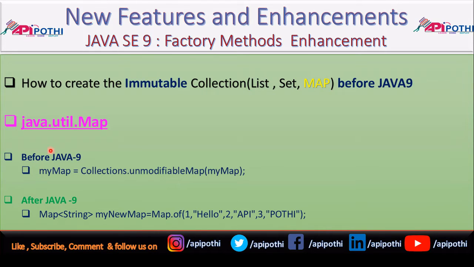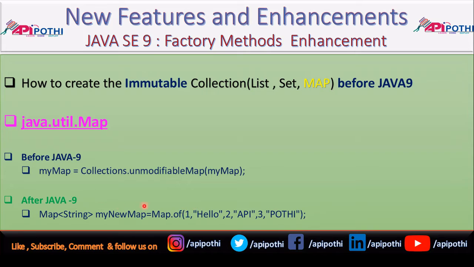Before Java 9 we were still able to create the immutable object of map, something like Collections.unmodifiableMap, passing the map object. In that way we are able to create the immutable map. But after Java 9 they enhanced this area and allow us to put the key and value pairs within one line.